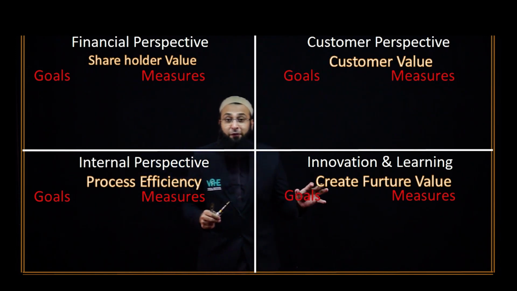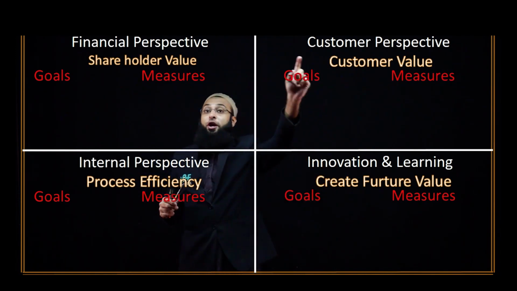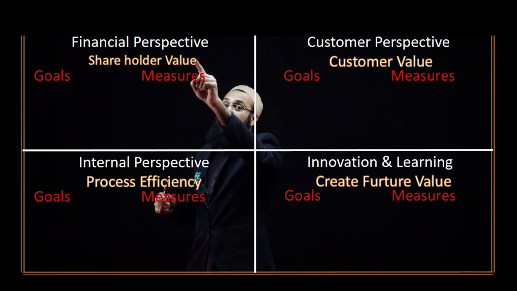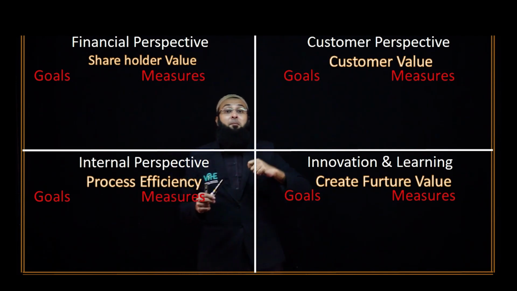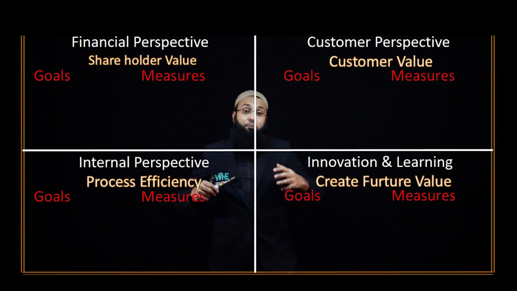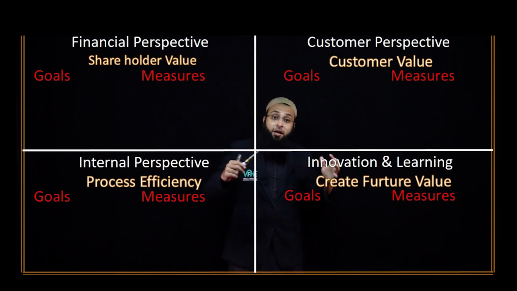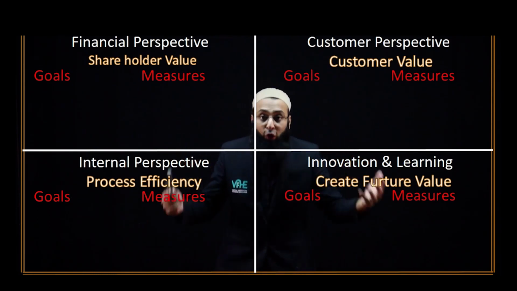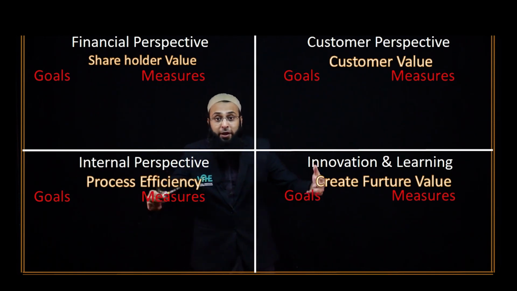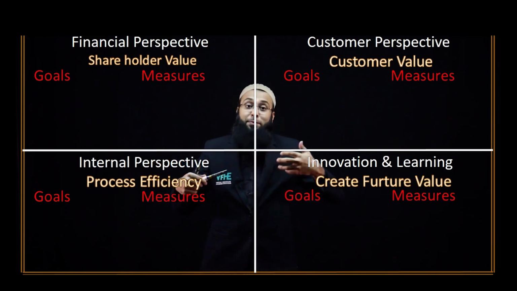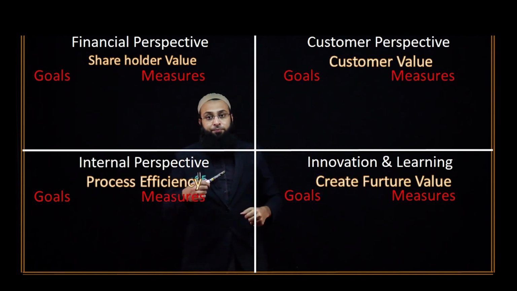This perspective focuses on shareholder value. The perspective says shareholder is the important stakeholder for an organization. So the business should be working towards creating the value of shareholder. We have to ensure that shareholder value creation is being done by the business.